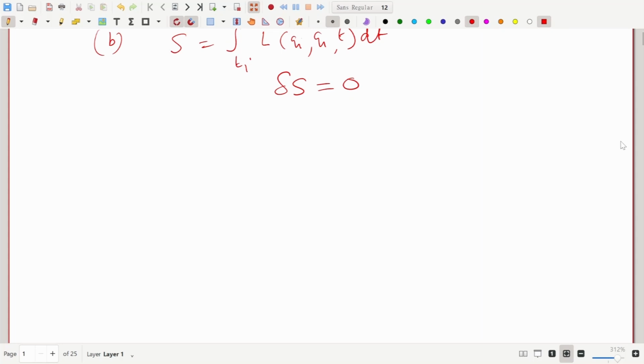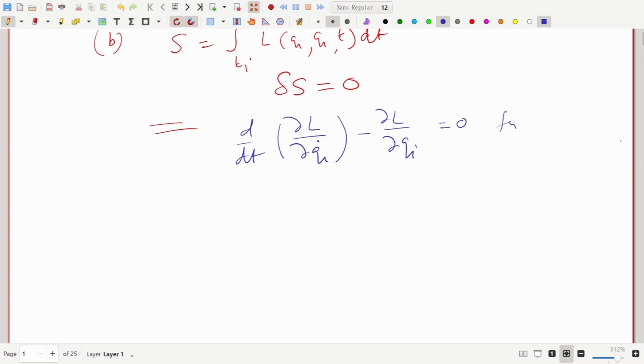So, this implies the equation of motion: d/dt of ∂L/∂q_i dot minus ∂L/∂q_i equal to 0, for i equal to 1 to s, for s degrees of freedom.